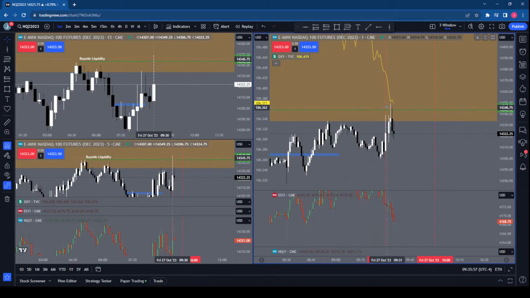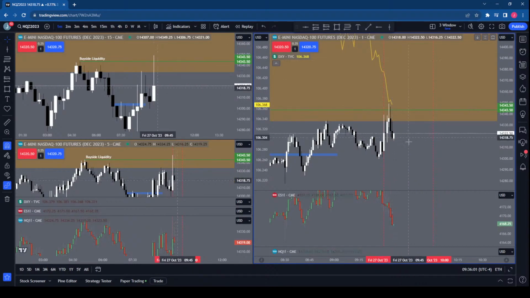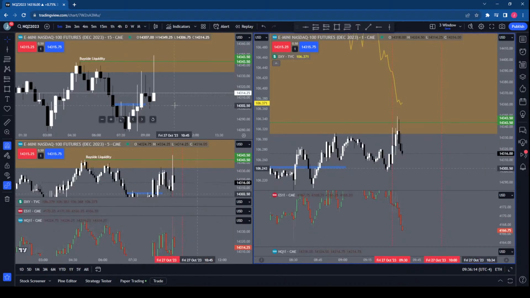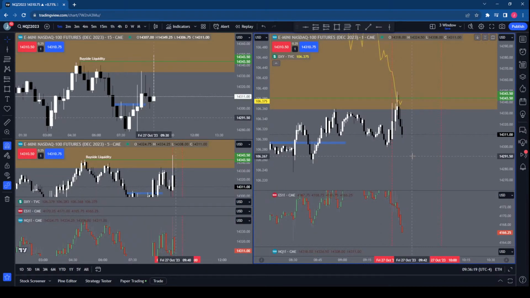And the thing about the dollar too is, like I've said this before, it doesn't have to be perfectly inverse. It's not like every swing high has to be a swing low. You just have to see the trend and look at higher time frame levels. That's why I won't start doing analysis on the 15 and 5 minute on the dollar.